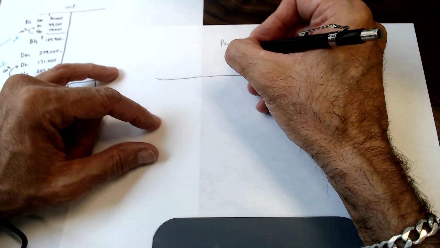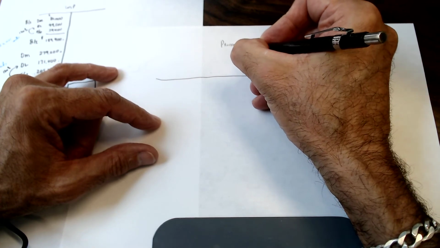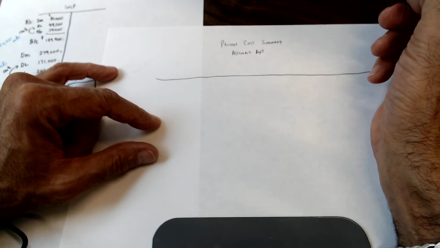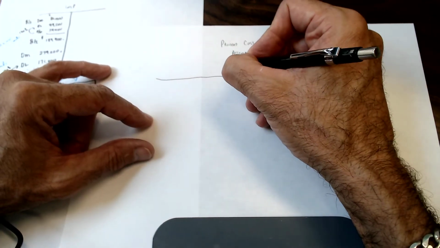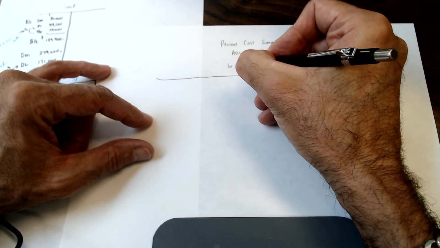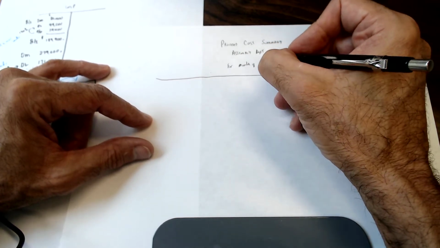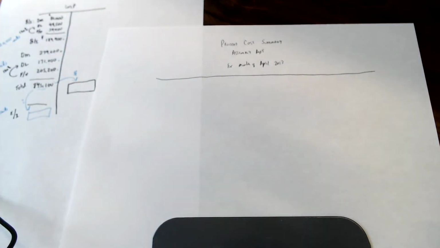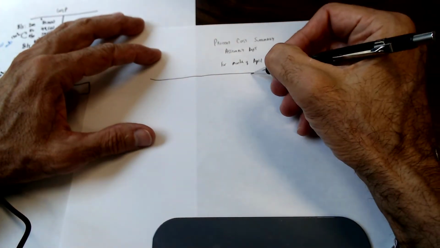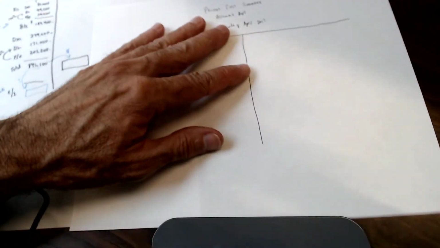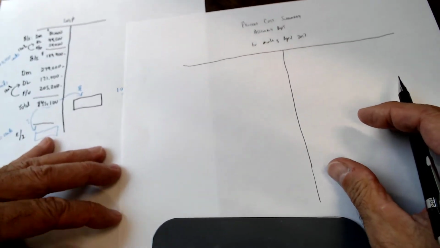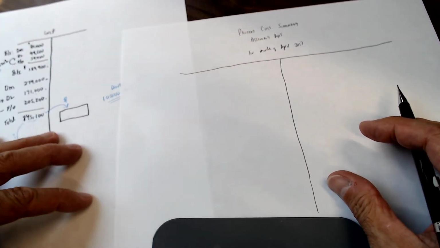It could be for the, I'll just call it the assembly department, whatever this department is. Assembly department, for the month of April 2017, the example that's in the book. I'm going to make it look like a T account, but T accounts are certainly beneficial.